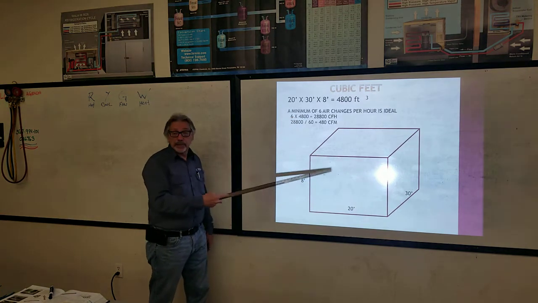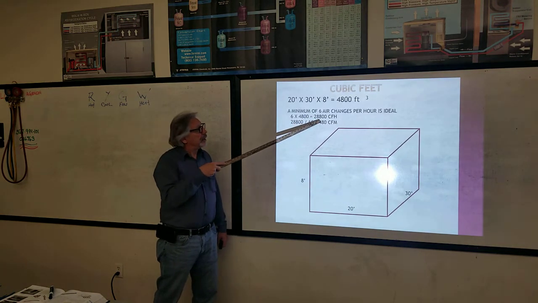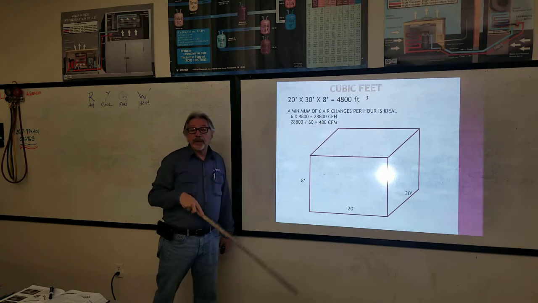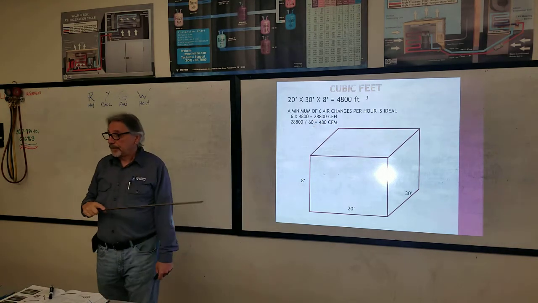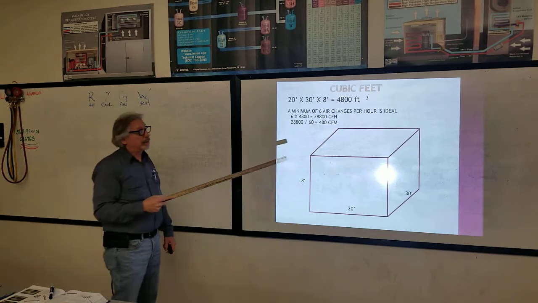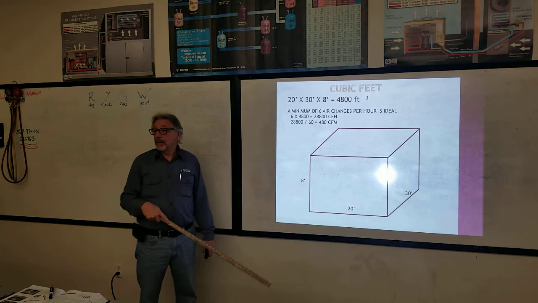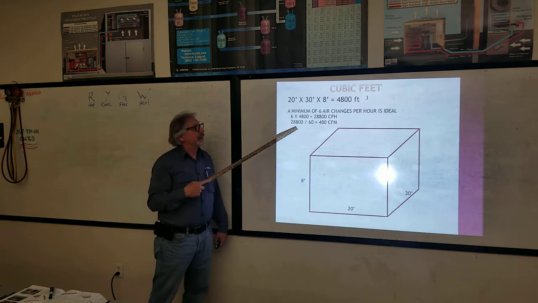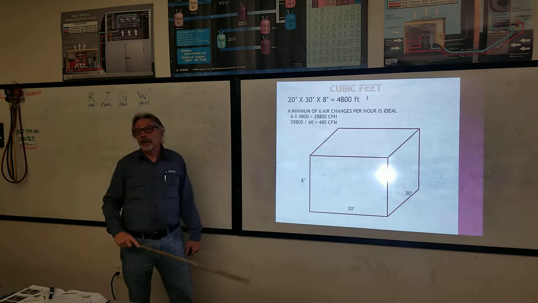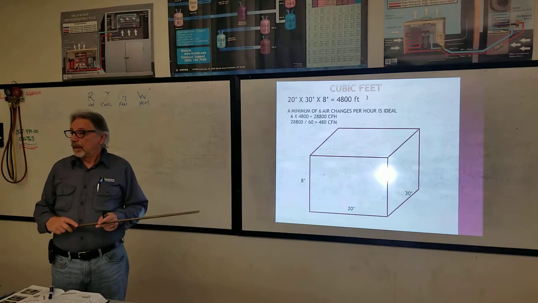So that's 28,800 cubic feet per hour, right? So we divide by 60, that gives us minutes. So 28,800 divided by 60 is 480 cubic feet per minute. Okay, you got that?